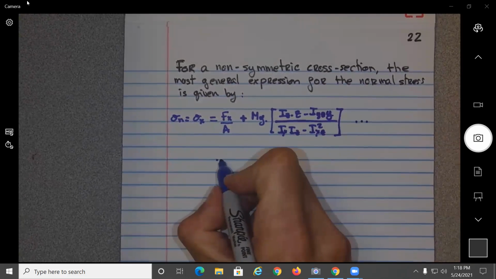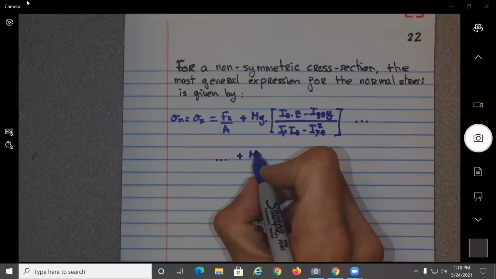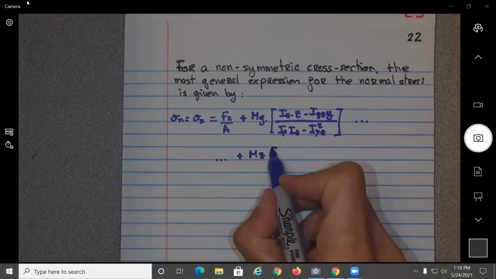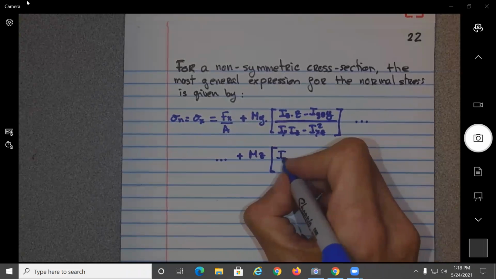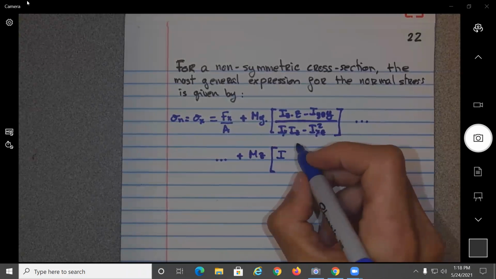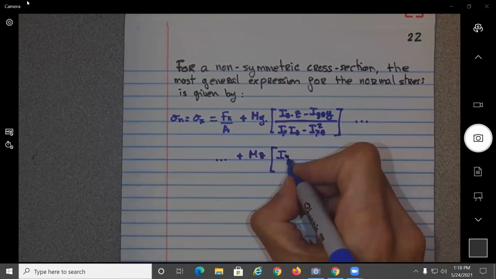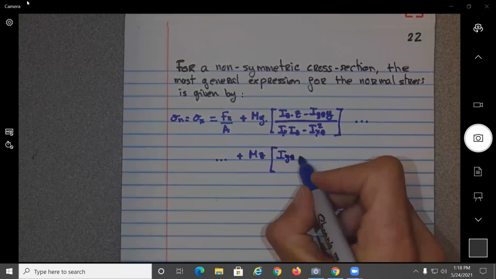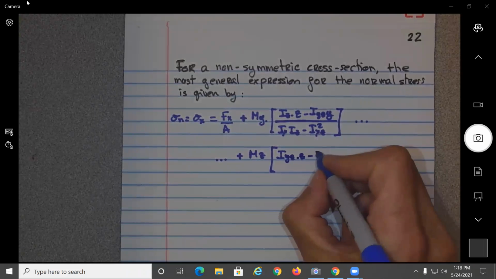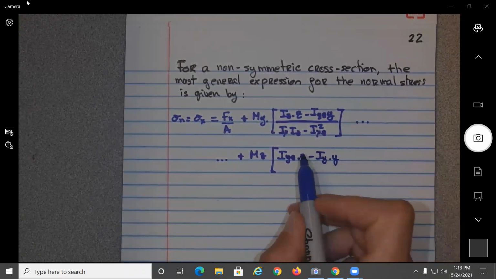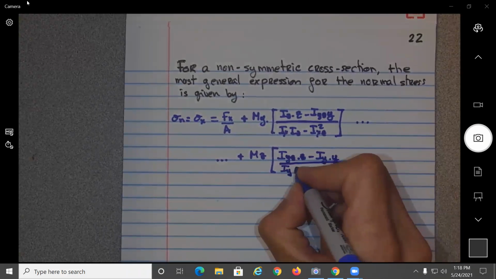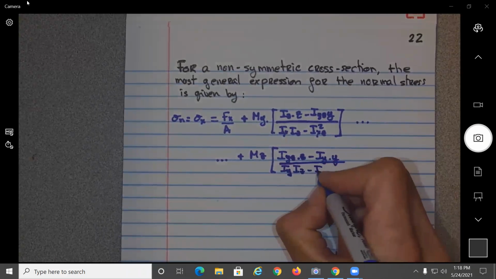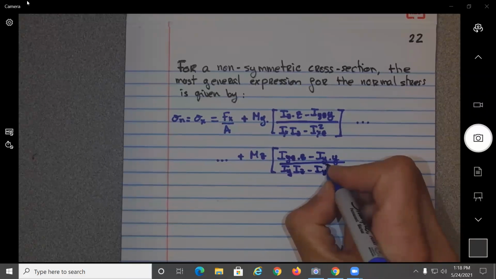And I'll go to the line, plus Mz factor of Iyz times z minus Iy times y, divided by the same thing, Iy Iz minus Iyz squared.